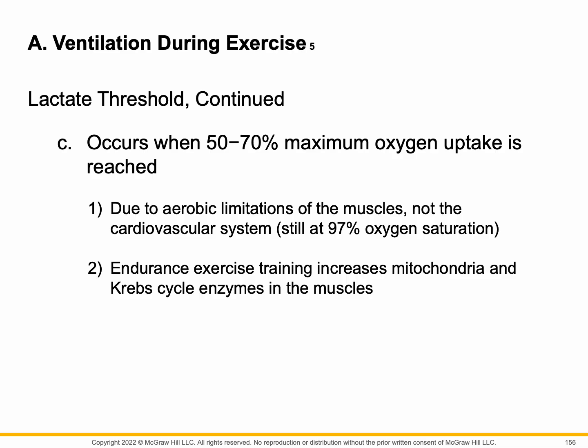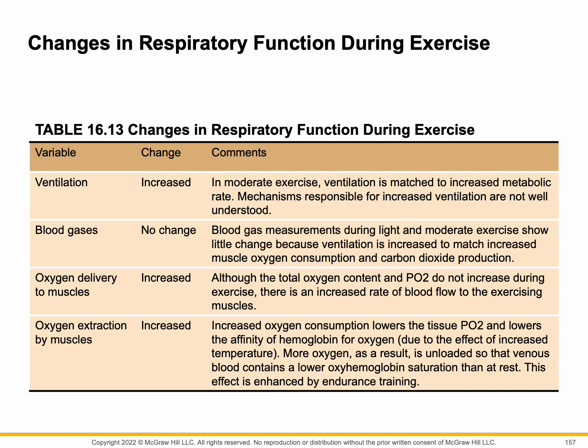This is due to aerobic limitations of the muscles, not the cardiovascular system, which is still at 97% oxygen saturation. And endurance exercise training increases mitochondria and the Krebs cycle enzymes in the muscles. Please take some time to try to understand the changes in respiratory function during exercise as given to you in Table 16.13.